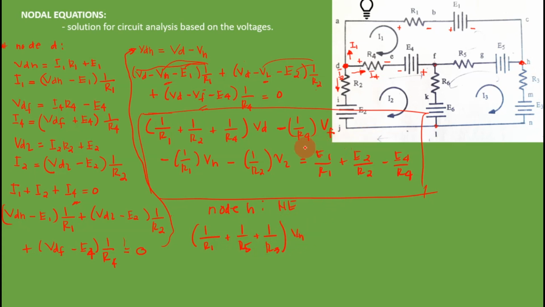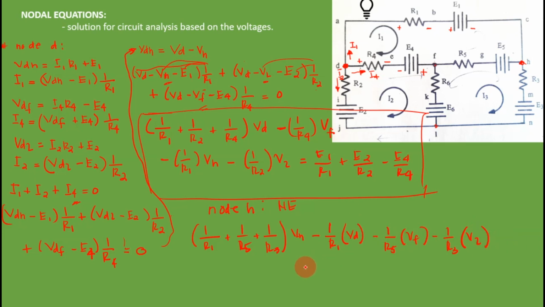What are the other nodes in consideration? You have V_D. What is the resistance here? R1. So that is negative 1/R1 times V_D. Simple as that. What is the other node? This branch, this is node F. That is negative 1/R5 multiplied by V_F, and you have negative 1/R3, this is V_L.